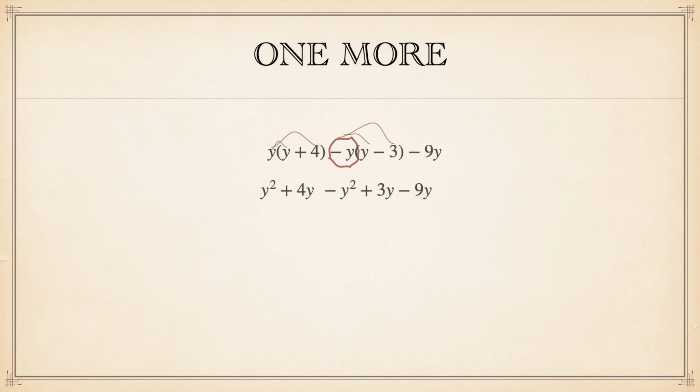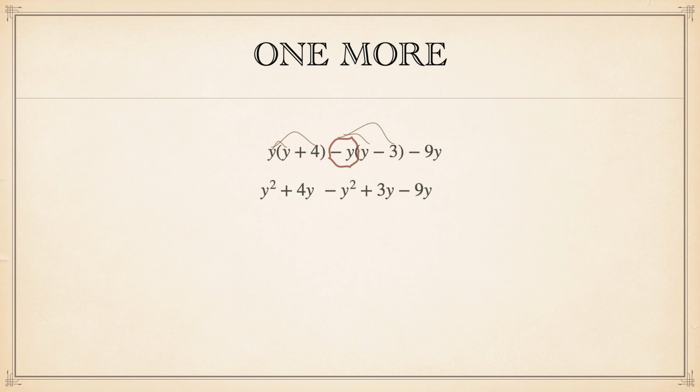So when I do all of my multiplication, I get y squared plus 4y minus y squared plus 3y, because remember, a negative y times a negative 3 is a positive 3y minus 9y.